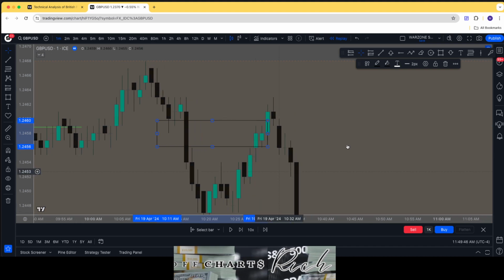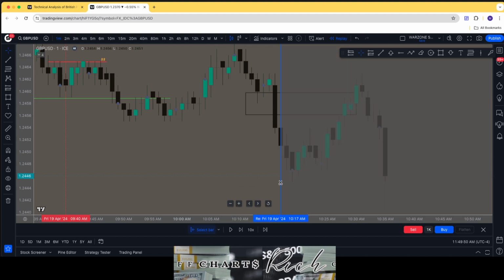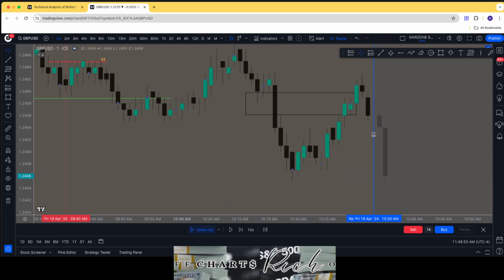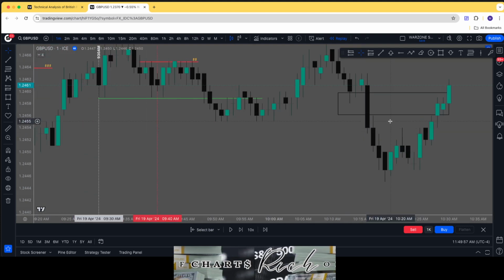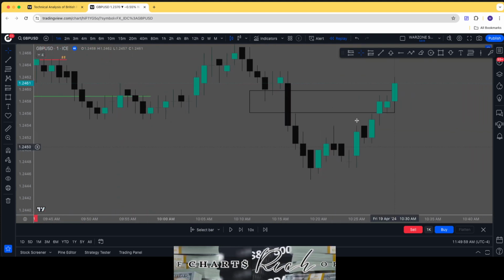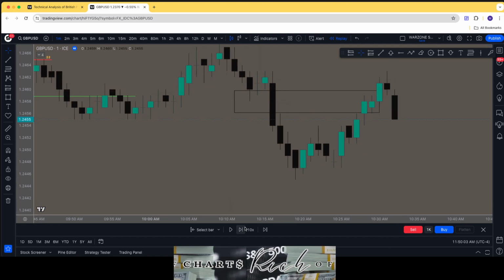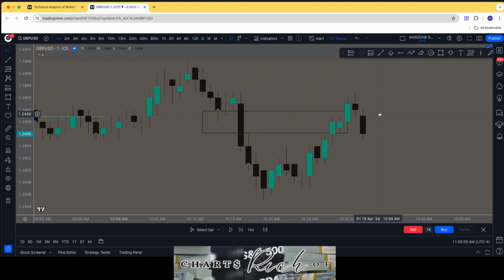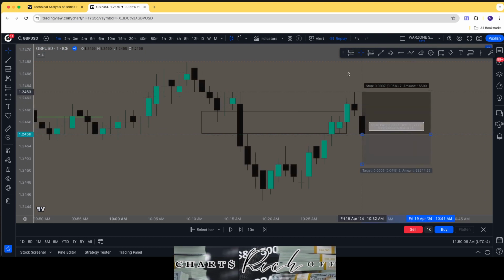Price comes back into it right here. So let me back this up. Price comes back into it. I'm patient enough. So once this imbalance gets filled, I just want to see price, there it is right there, I just want to see price turn around. As soon as it turns around, I'm taking out my trade. I'm covering these highs.